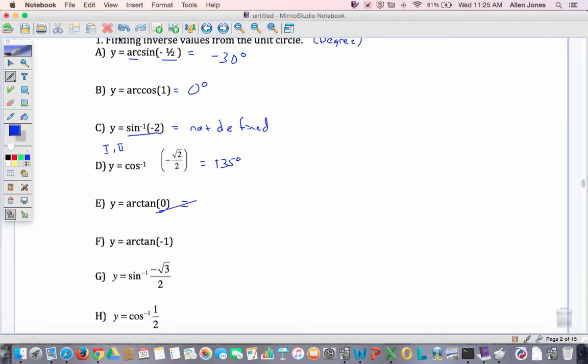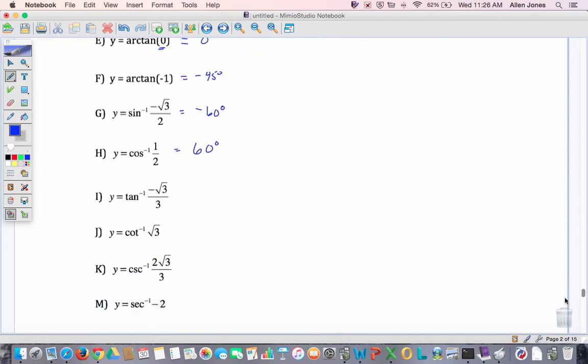Arc tangent of 0, not 1, 0 occurs at 0 degrees. Now, arc tangent of negative 1 occurs at negative 45 degrees. Inverse sine of negative square root of 3 over 2 going down to quadrant 4, that's going to put us at negative 60 degrees. Inverse cosine of 1/2 is going to put us in the first quadrant at a positive 60 degrees.